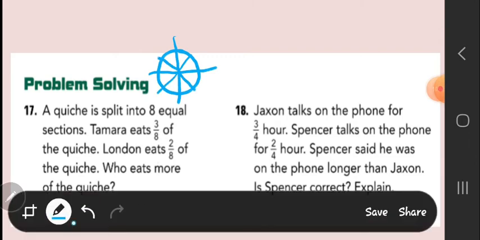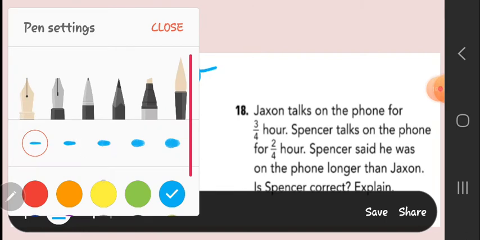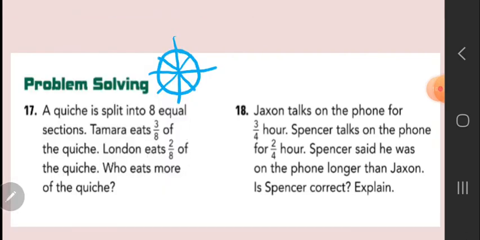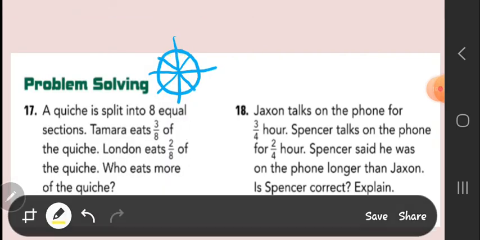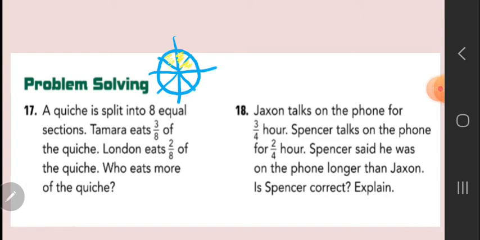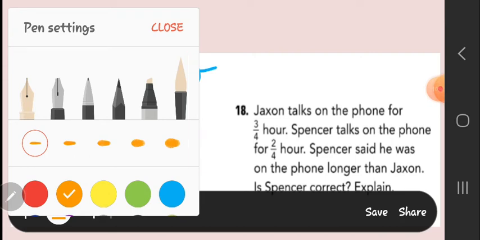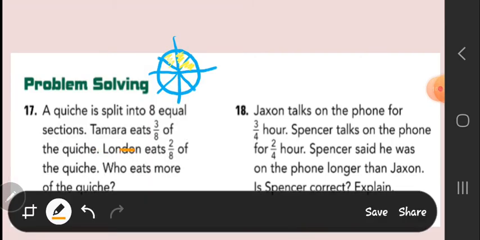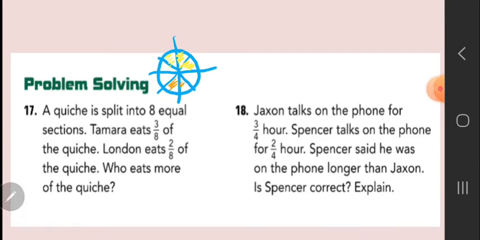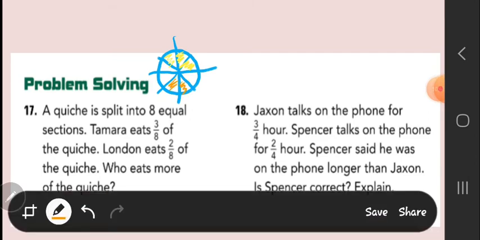So the first one, 3 pieces, 3/8, and his friend London eats 2 pieces. Which one is more?